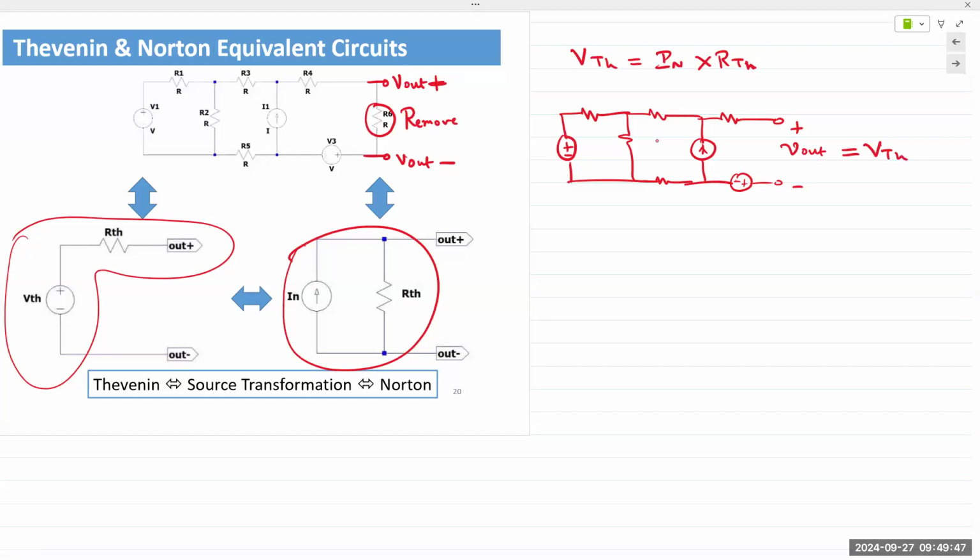Hopefully this rings a bell. Once you modify the circuit, you choose any analysis technique you want: node voltage analysis, mesh current analysis, Ohm's law, KVL, KCL, apply them in any order you want, your choice, and then you determine the output voltage that gives you the Thevenin voltage.